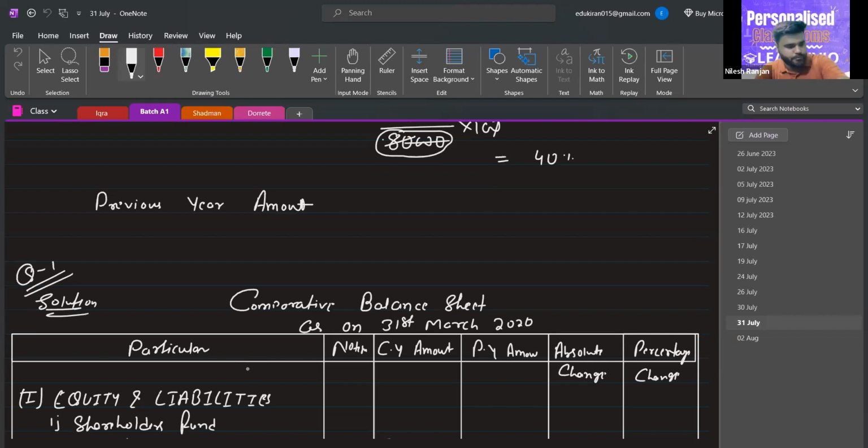Now, why do we prepare a common size statement? You understand how we prepare a common size statement. Can you tell me why we prepare it?